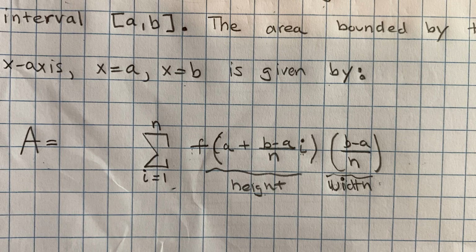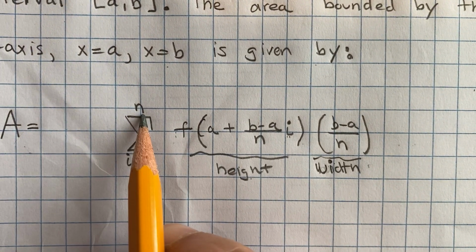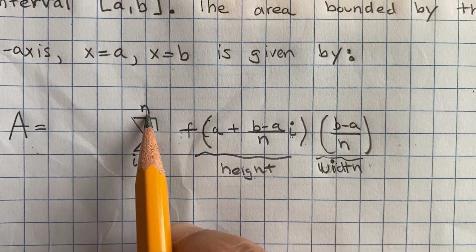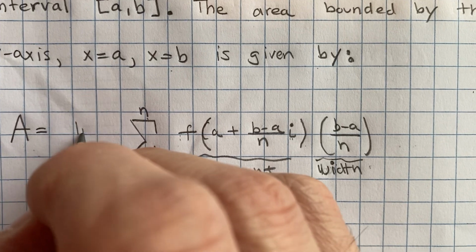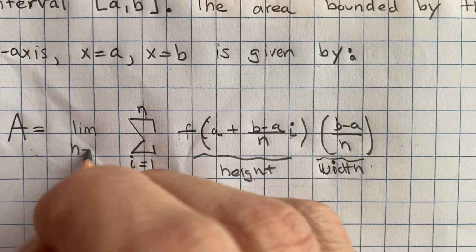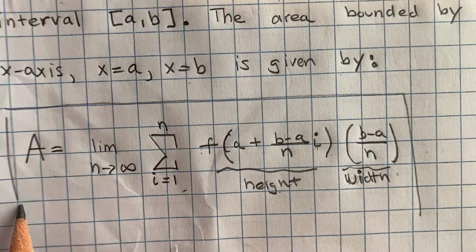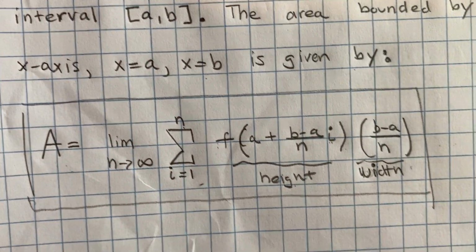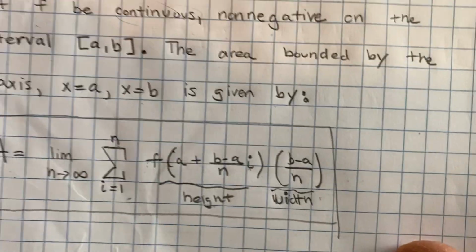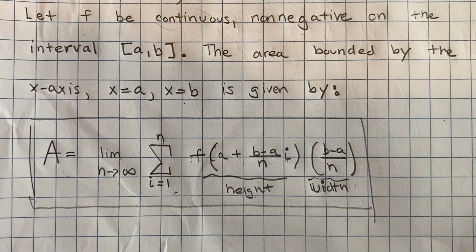And I'm going to include the fact that because the more rectangles I have, the better approximation I have underneath the curve, I'm going to add a limit symbol, the limit as n goes to infinity. Okay, so that is the area formula using rectangles.